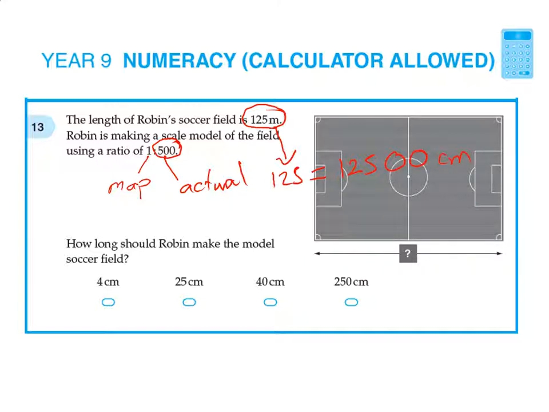Then I need to divide it by 500 because it's going to reduce. If you use a calculator and divide by 500, what you should get is 25. So that's what you got. Okay, next.